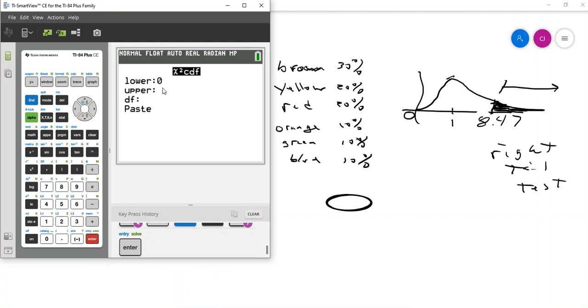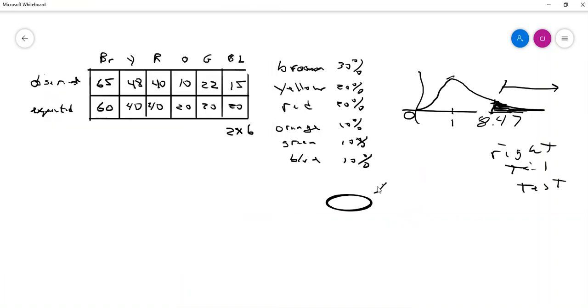And this is your starting point, just like before.